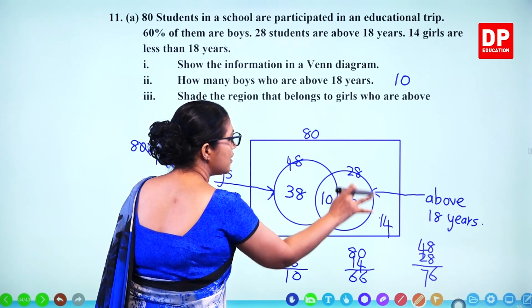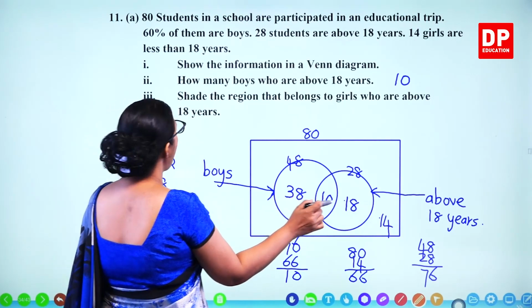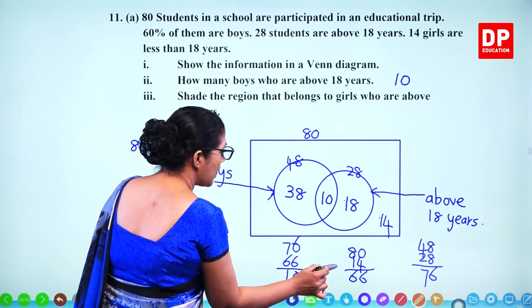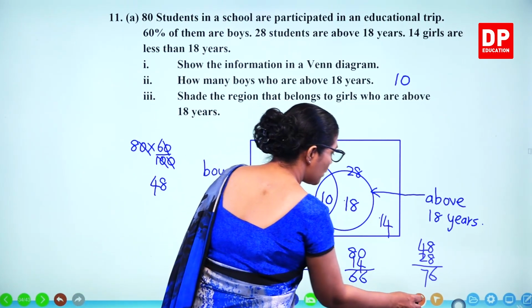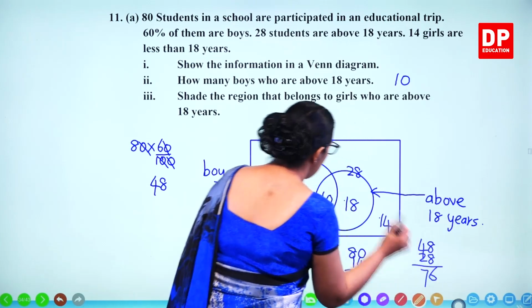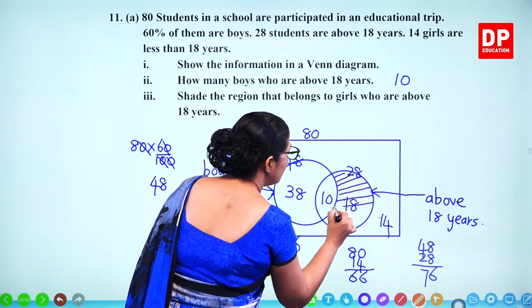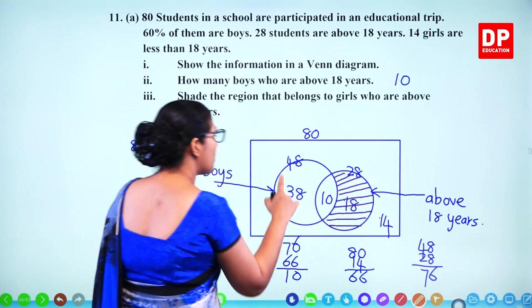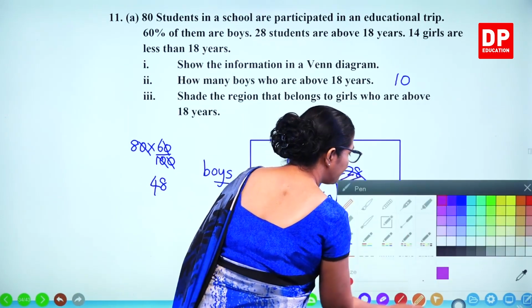So outside, this part is the girls who are above 18 years. So we can shade it. I'll take a color and shade this region.